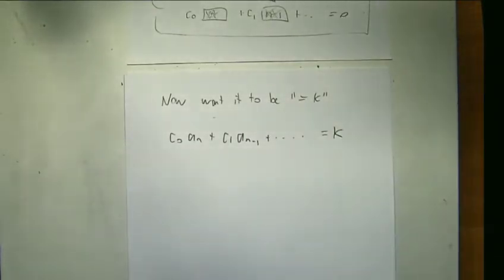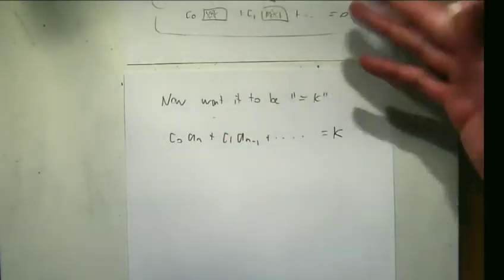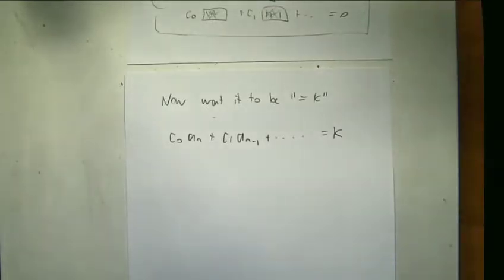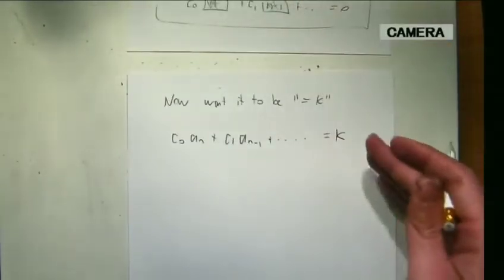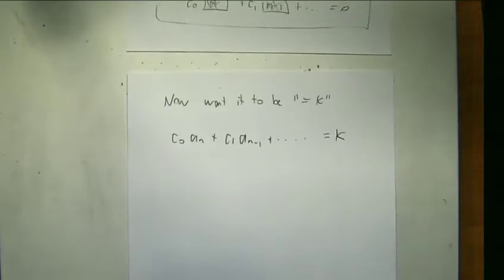Now we know that none of those solutions back there are going to work because they come out to 0. This solution, where they're all 0, comes out to 0. So none of them are going to work for k. Good, we're doing well.